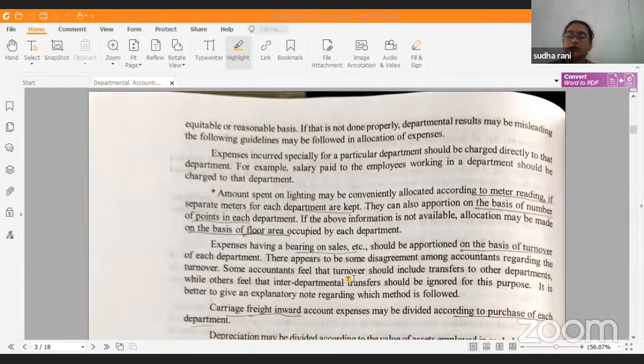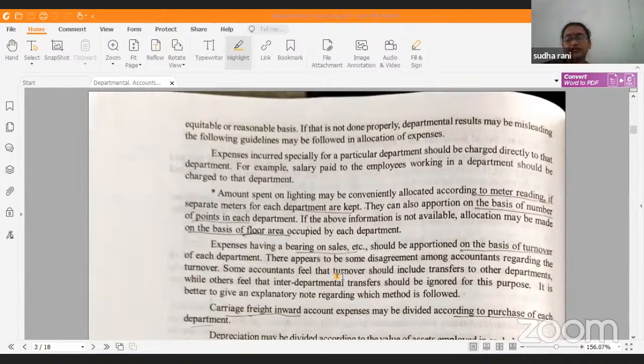Big Bazaar consists of three departments and three floors, but the advertisement is given commonly as one advertisement. So how does he allocate this advertisement cost? Based on the sales made by each department. Advertisement is related to sales, so the total cost is allocated in the ratio of sales of each department.